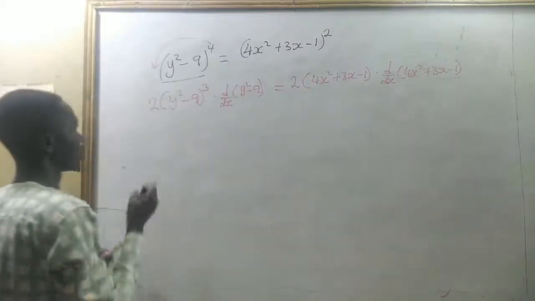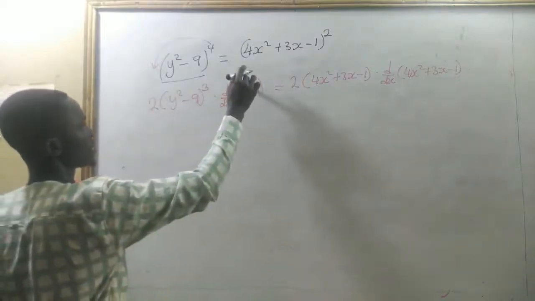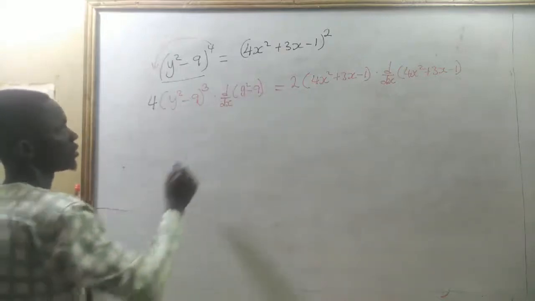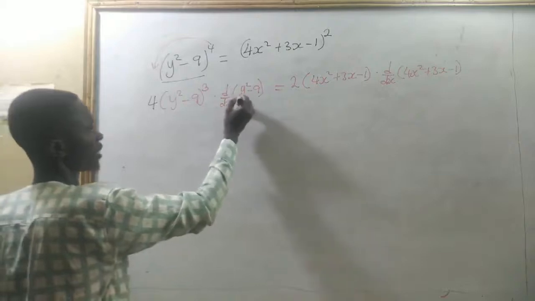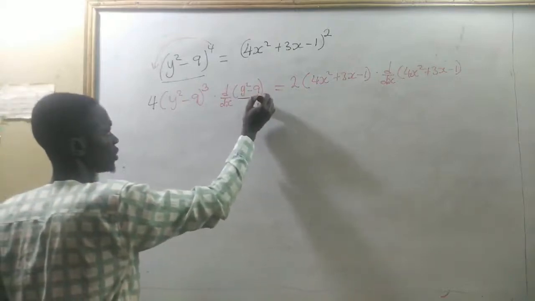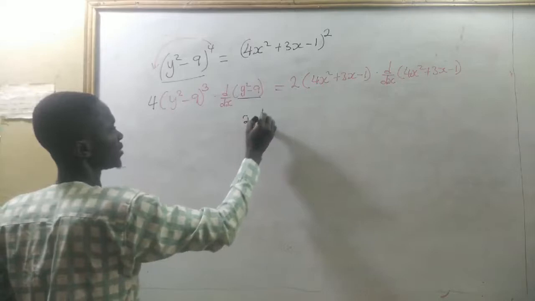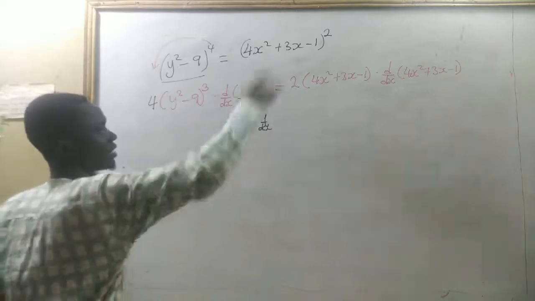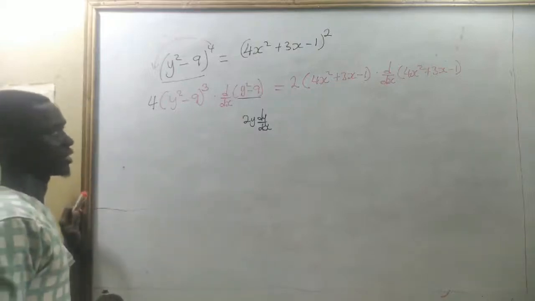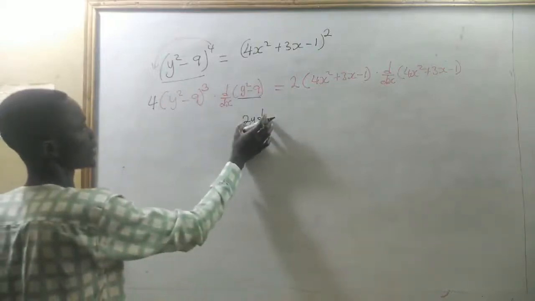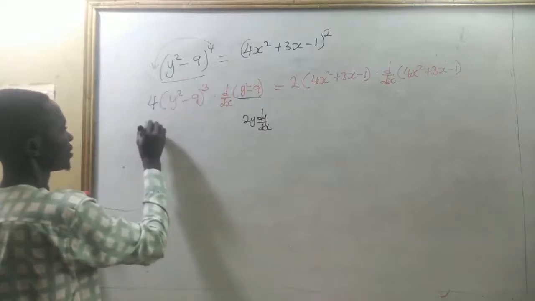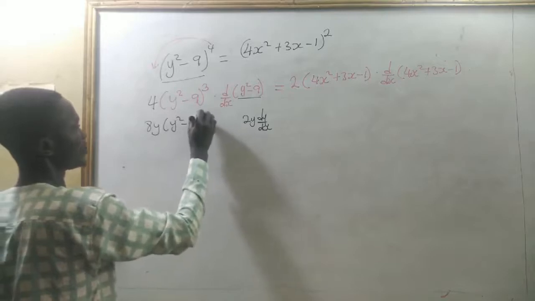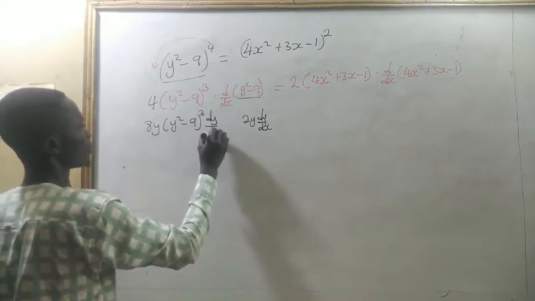So here, what do we get? If we differentiate this one implicitly with respect to x, we are going to get 2y dy on dx, because the derivative of 9 with respect to x is 0. For that 9 is a constant. So we multiply this one by that to get 8y into bracket y squared minus 9 times dy on dx.